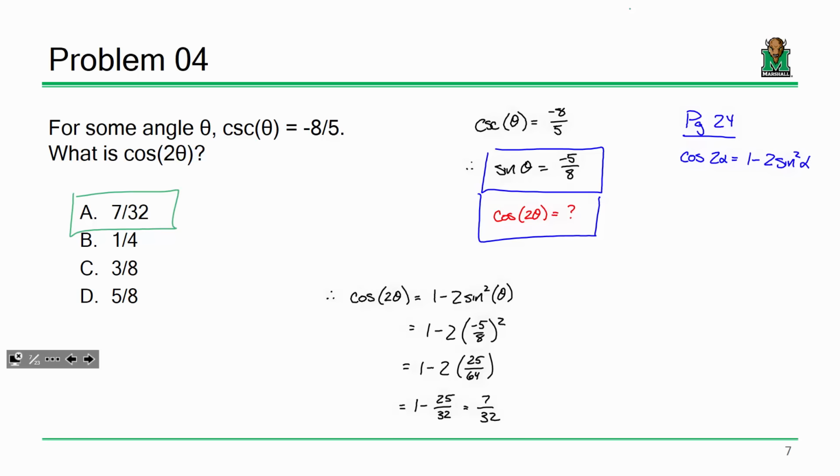Well, no. If you wanted to find theta, it would be the arc sine, or the inverse sine, of negative 5/8. You couldn't flip that, because the inverse sine of x does not equal 1 over the sine. It's not the same story.